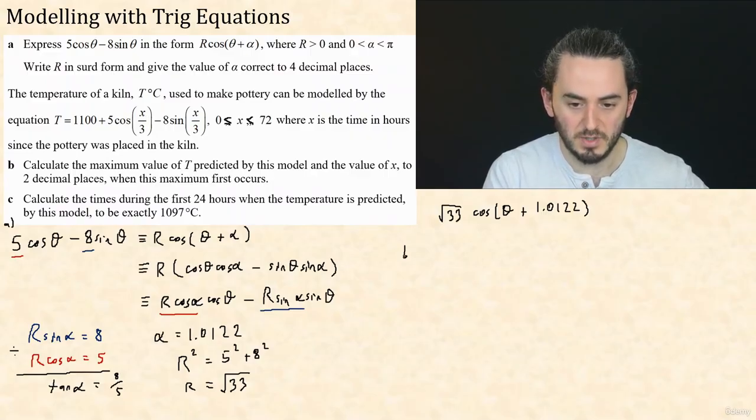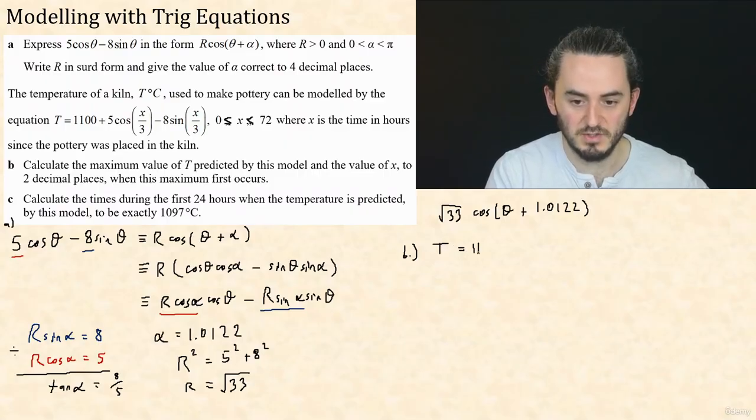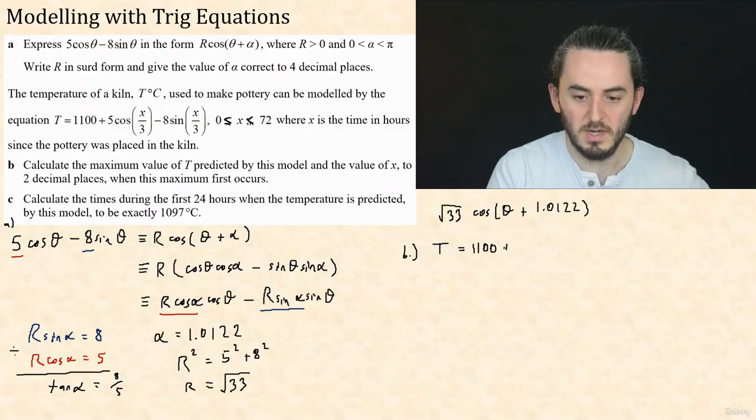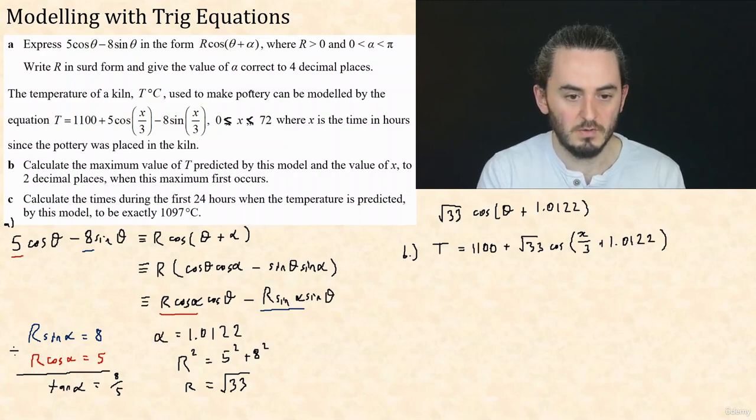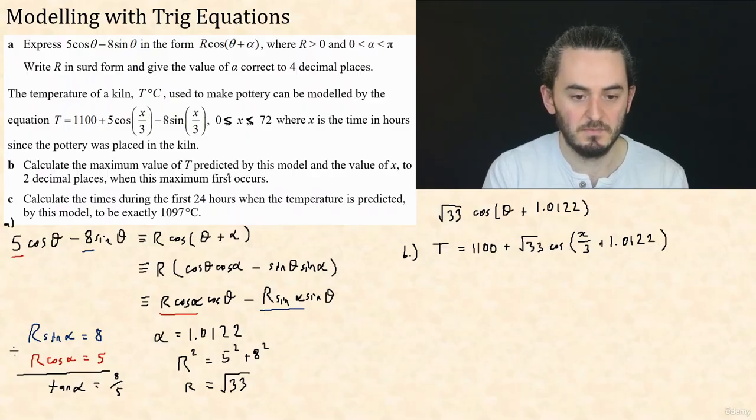So what I can say for part B is that T is equal to, or an equivalent expression is, 1100 plus my harmonic form: root 33 cos, and it's not theta, it's x over 3 plus 1.0122.